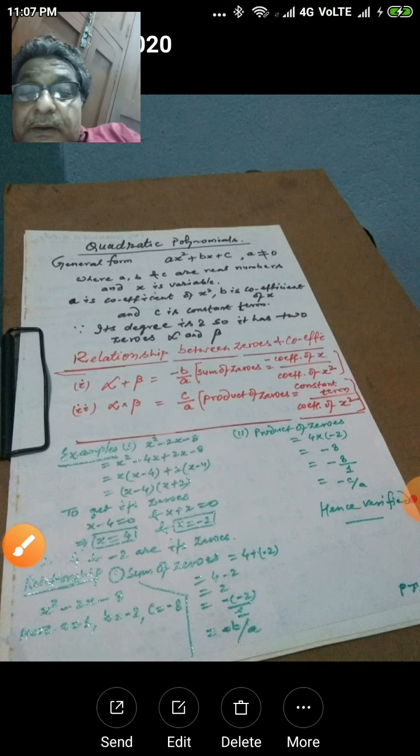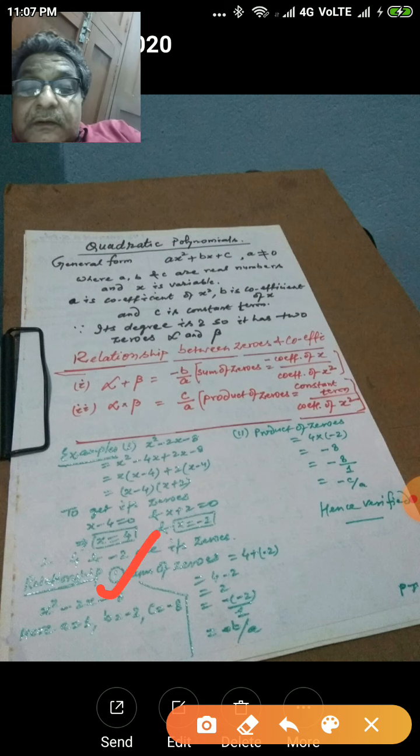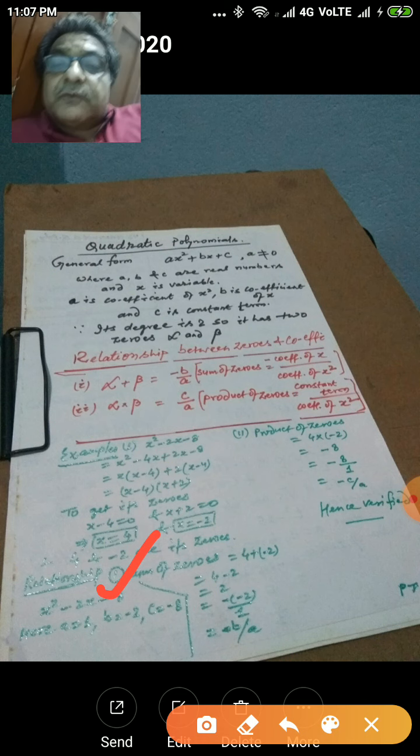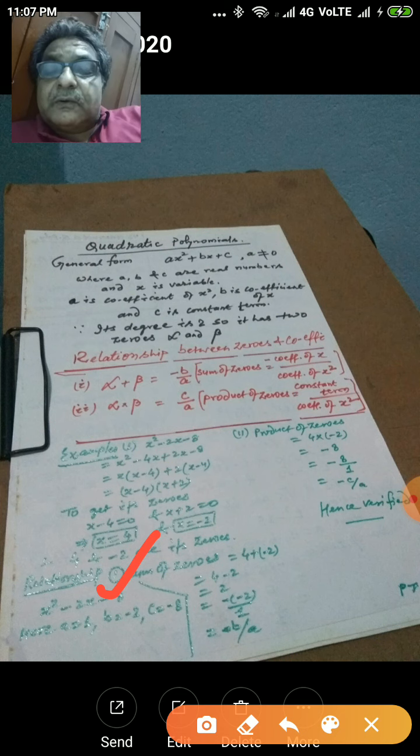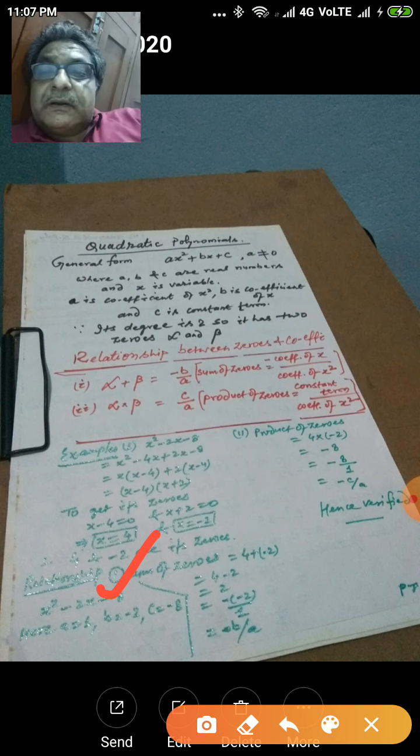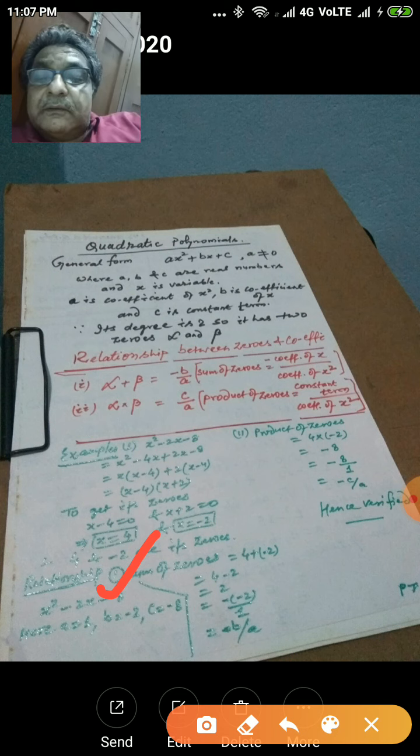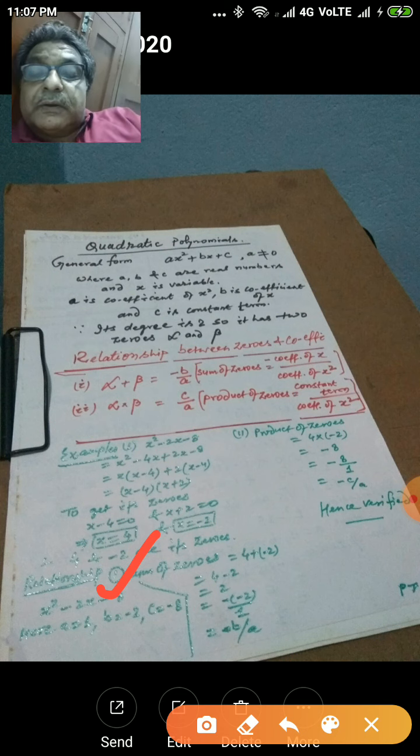Now take the first relation, that is sum of zeros. Many students do this work in a different way, that is not the right way, because they just in the starting write the formula that sum of zeros equal to minus b by a. No, actually this should not be done. The way is to verify the relationship or to establish the relationship.